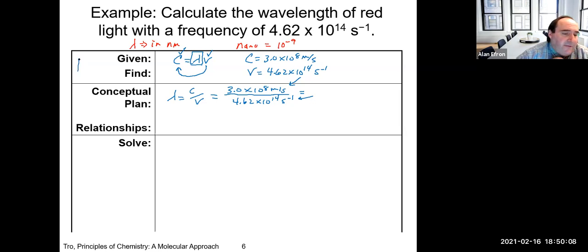On a lot of calculators, the exponent button is like EE. Some people will have a button that looks like EXP. Some of the newer calculators will have an actual button that is times 10 to the n.